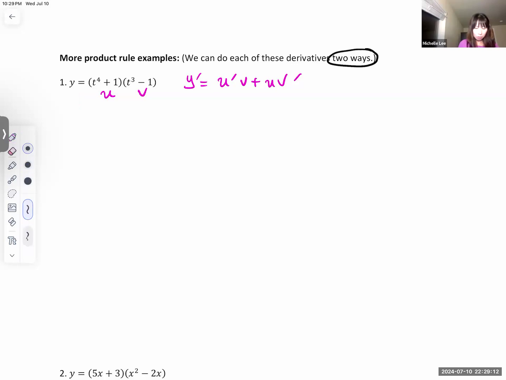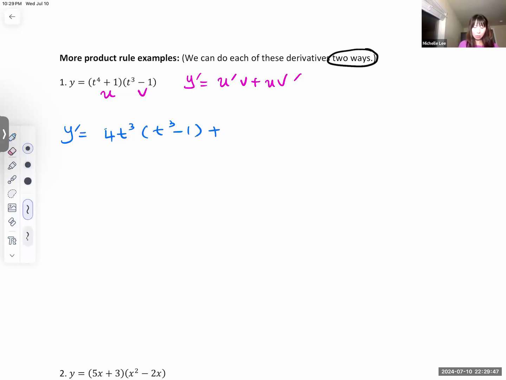Okay, so y prime equal to u prime, which is the 4 drop the power, right? 4t to the third power. And then the second term is 0. And then that's u, right? u prime and v, t to the third power minus 1, plus. Okay, you might get confused.